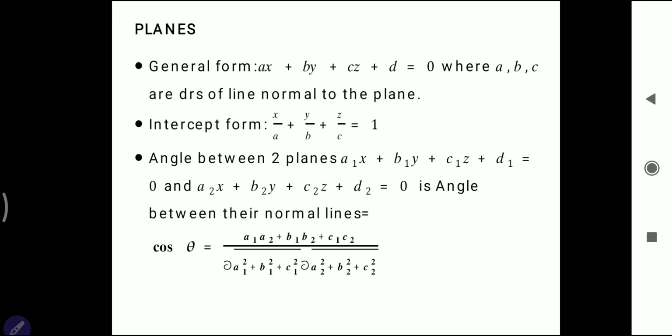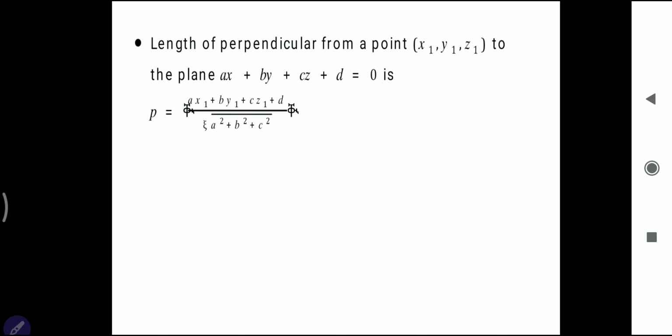So the formula is again cos theta is equal to a1 a2 plus b1 b2 plus c1 c2 upon under root a1 square plus b1 square plus c1 square, into under root a2 square plus b2 square plus c2 square, where a1 b1 c1 and a2 b2 c2 are the DRs of the normals of the planes. We find the angle between the normals, which gives you the angle between the planes.